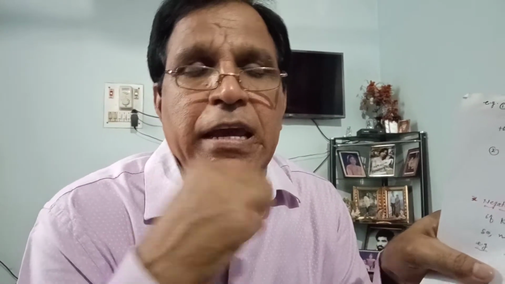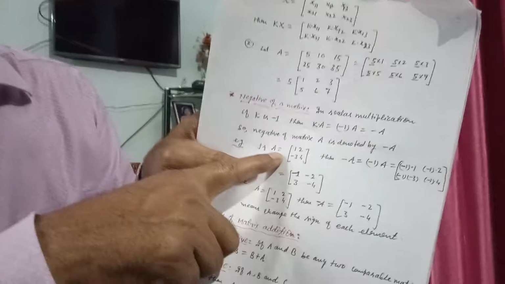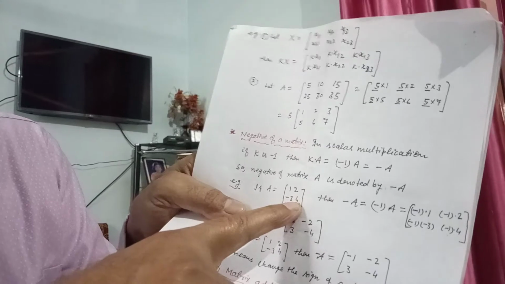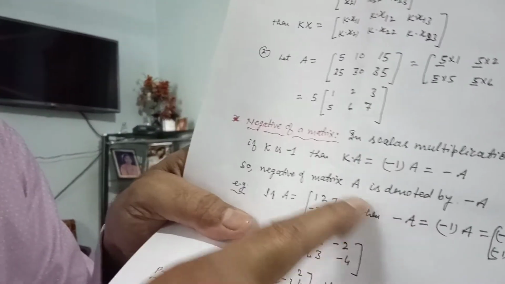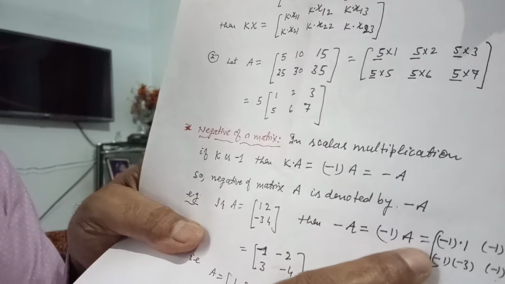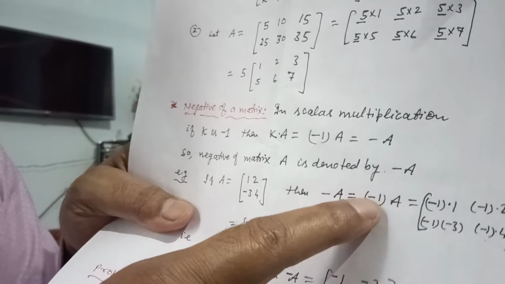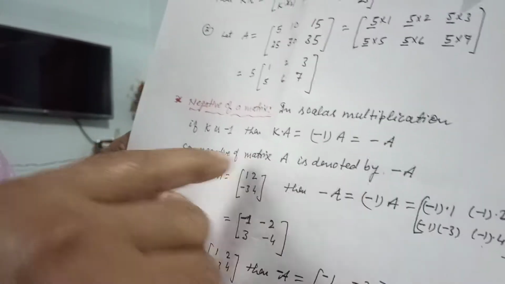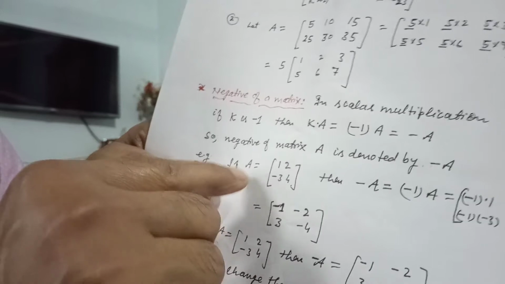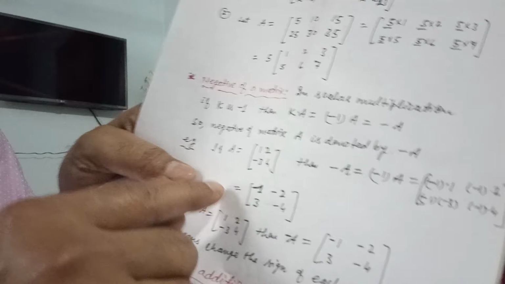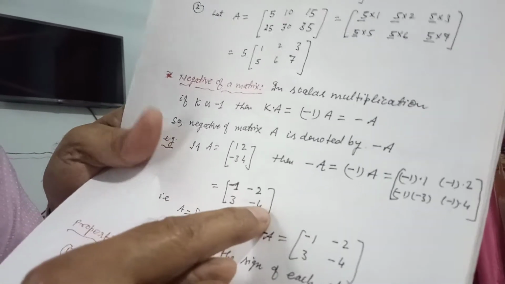Then we multiply by -1 in each element of A. For example, if the elements of matrix A are 1, 2, -3, 4 and you want to find -A, then -A can be expressed as -1 into A. A is the matrix and -1 is the scalar, so multiply by -1 in each element: -1 into 1, -1 into 2, -1 into -3, -1 into 4. Ultimately, -A equals -1, -2, 3, -4.